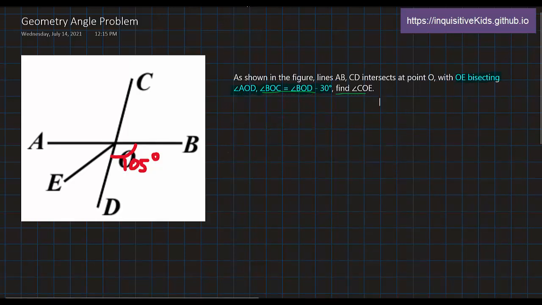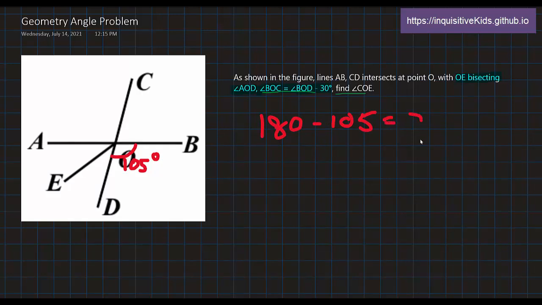Well, now, if we know how much is BOD, can we find how much is COB? Yes, we can, because all we have to do is 180 minus 105, which we really quickly get as 75 degrees. So we can mark here this angle as 75 degrees.